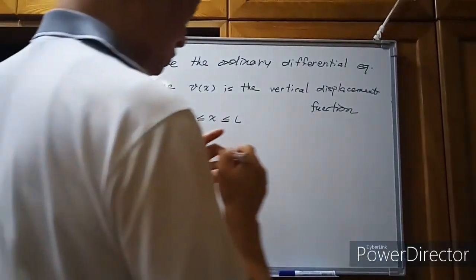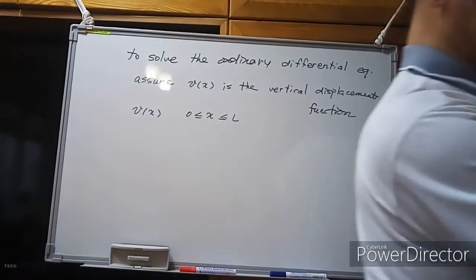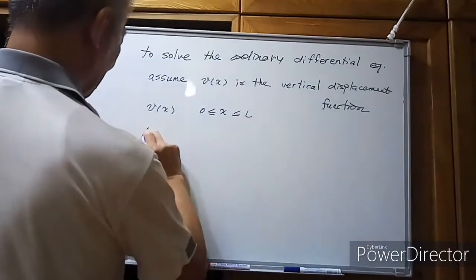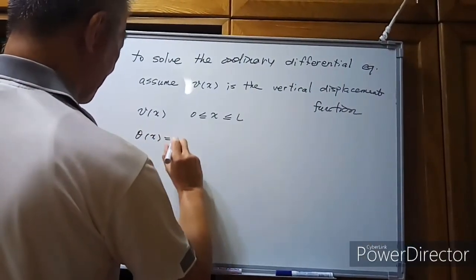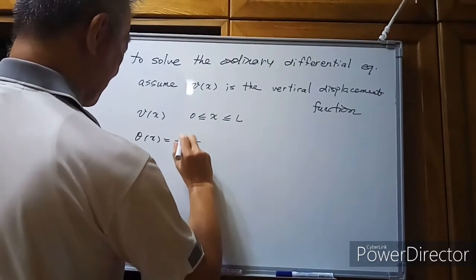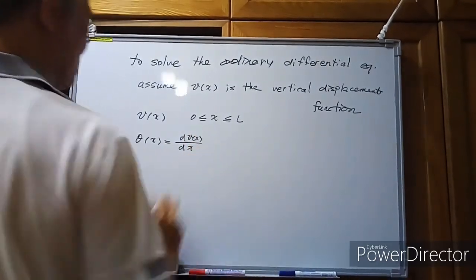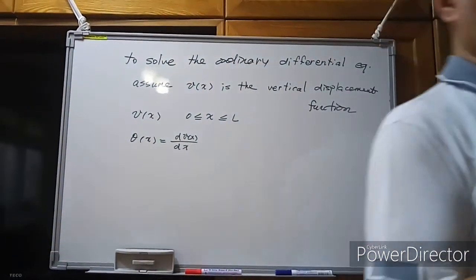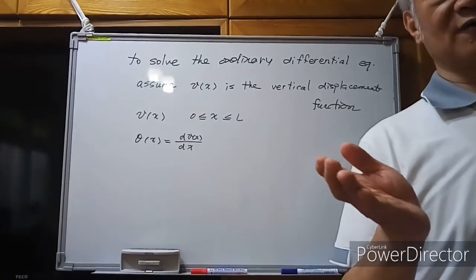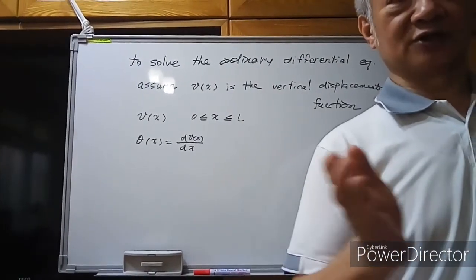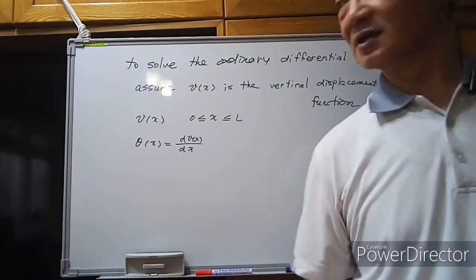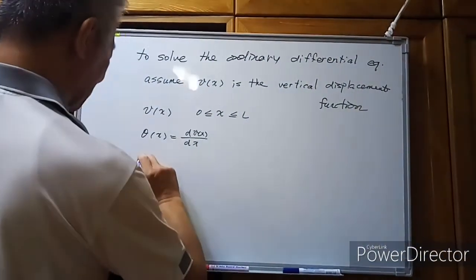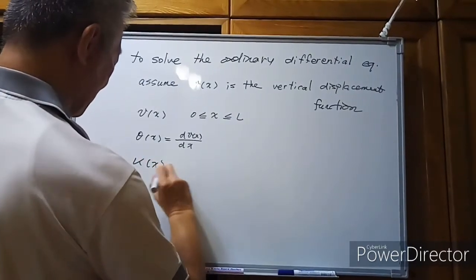That's the solution function we would like to get for this problem. Also we know theta of x, the rotation of the center line, and we can calculate the rotation of the deformed shape at different points. Also we can calculate the curvature.